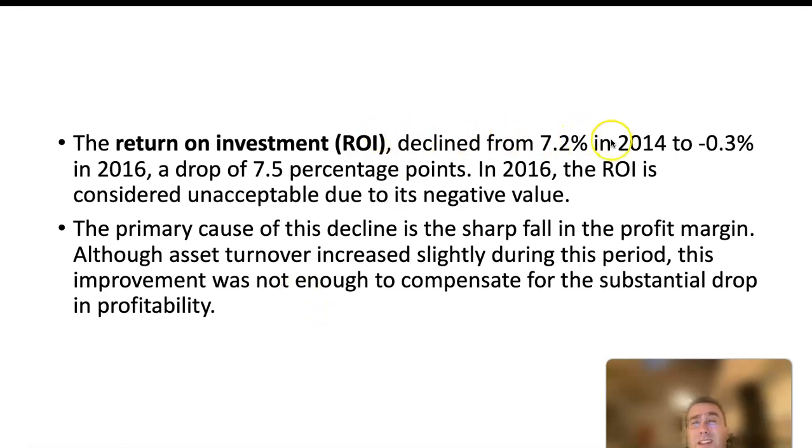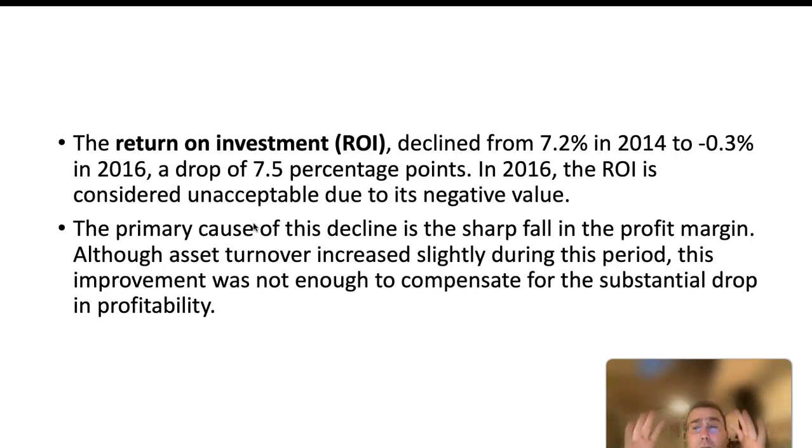The return on investment declined from 7.2% in 14 to minus 0.3% in 16, a drop of 7.5 percentage points, and the ROI is considered unacceptable because of the decline, and it has a negative value. The primary cause of this decline is a sharp fall in profit margin ratio, because we saw before that the asset turnover actually increased a bit.